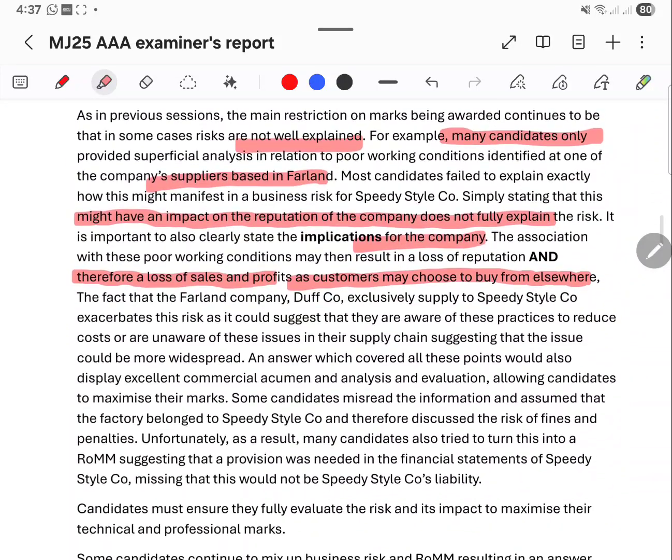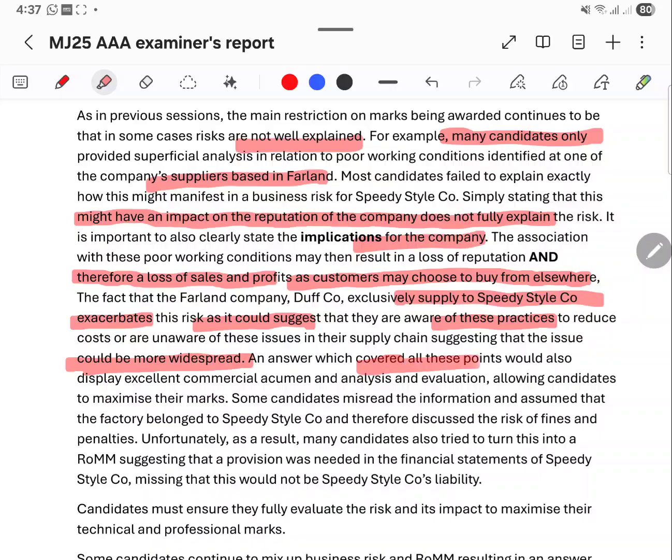The fact that the Farland company exclusively supplied Speedy Style company is another risk, as it could suggest that they are aware of these practices, or that the practices could be more widespread. An answer which covered all these points would also maximize their marks.